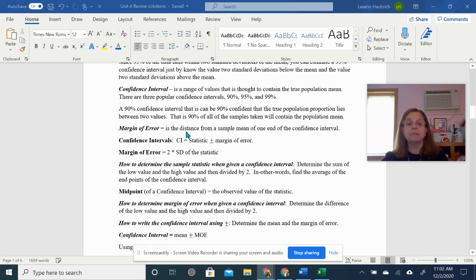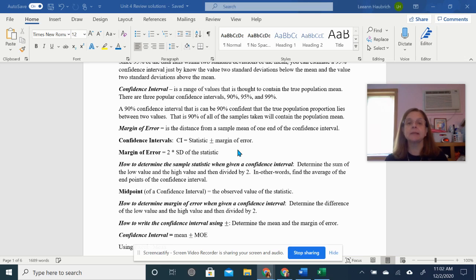So margin of error is the distance from the sample mean to one end of the confidence interval. There's that word, confidence interval. If you know your statistic and you know your margin of error, you can determine the values for the confidence interval. You would take your statistic minus the margin of error, you have the low value.